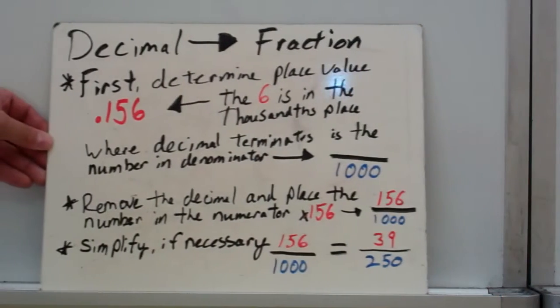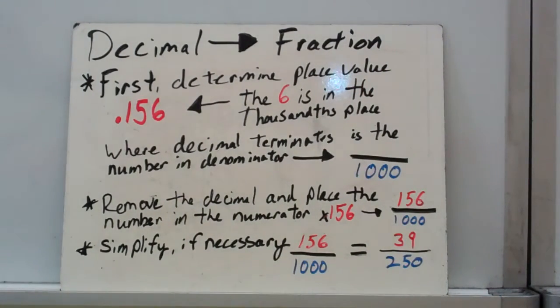So when we're making a decimal a fraction, the first thing to do is to determine which place the number terminates in. With our example here, we have 0.156. The 6 is where the number terminates or ends, if you're not familiar with that term.